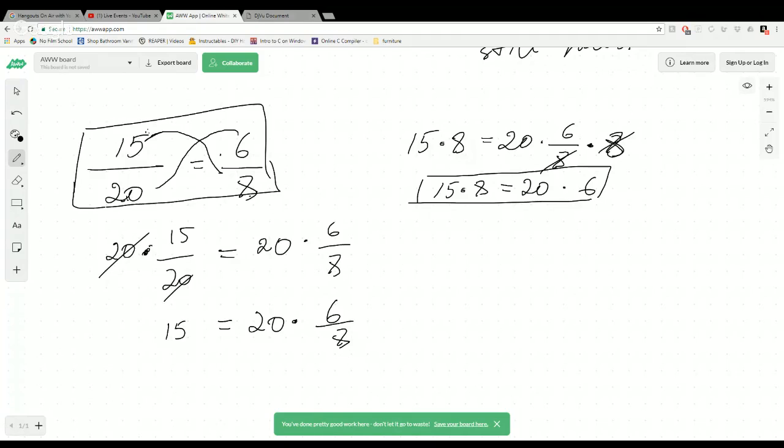First, we multiplied both sides by 20. That got rid of this 20 here. Then we multiplied both sides by 8, and that got rid of this 8 in the denominator here. And that is our cross multiplication again. We're just multiplying both sides of the equation by the same number.